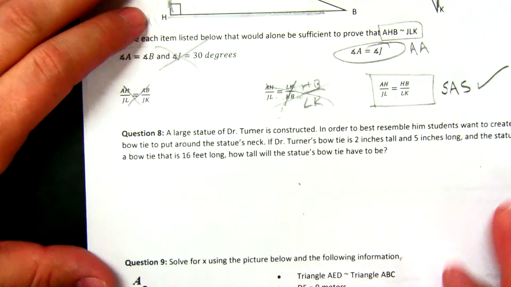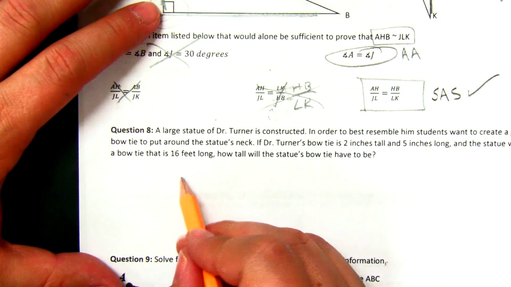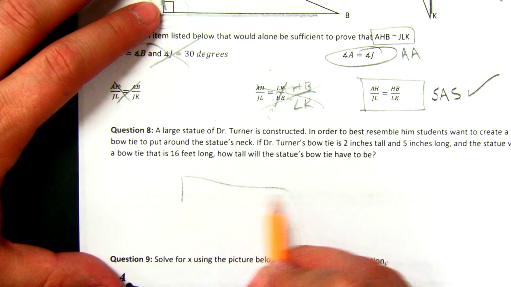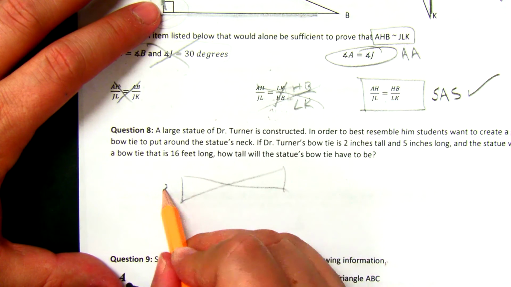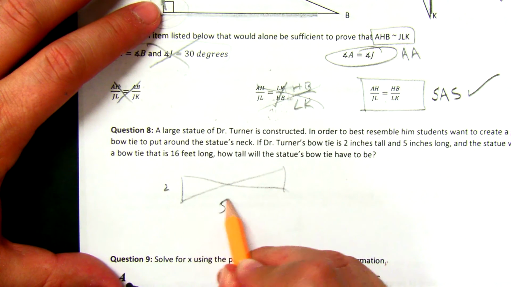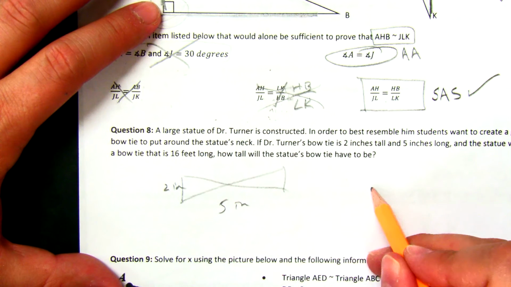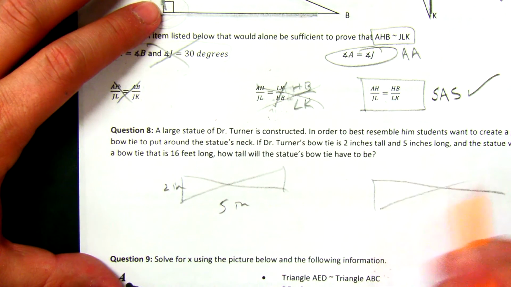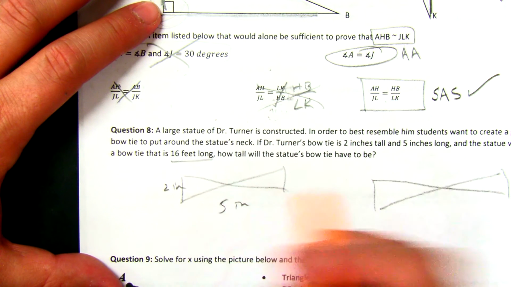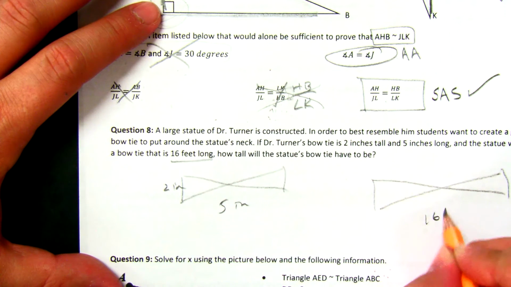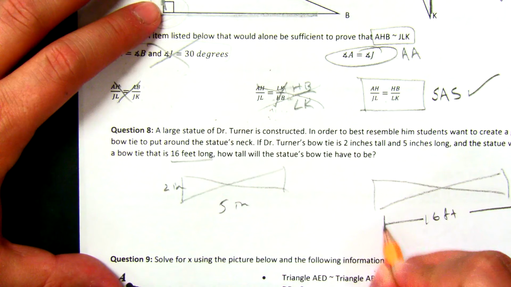Okay. Quickly, these last two, we've got a bow tie. It doesn't really matter what the bow tie looks like, but let's say it's 2 inches tall and 5 inches long. And then we've got the statue, and the statue is going to be 16 feet long, so it's going to be 16 feet here.